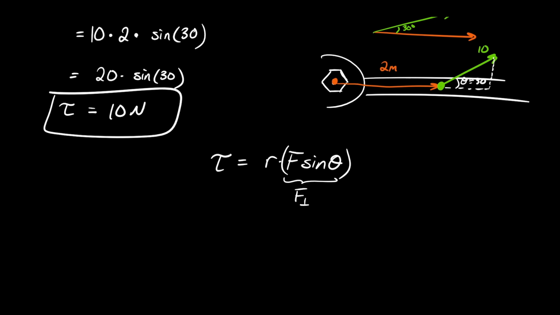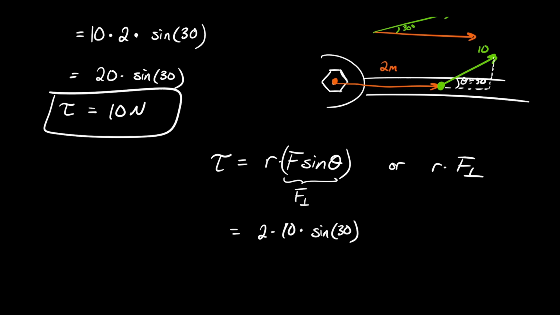They're saying either you can multiply r times F, so 2 times 10 times sine theta, which is sine of 30.